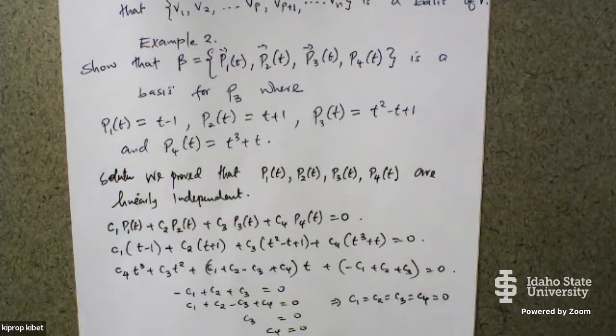So they are trivial solutions. So then P1 of T, P2 of T, P3 of T, and P4 of T are linearly independent.